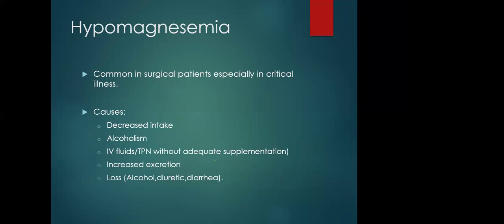Probably most of us will not encounter this in most of our patients, but it's usually common in surgical patients and critically ill patients, and we don't have a routine of testing it. The causes are decreased intake, alcoholism, IV fluids and TPN without adequate supplementation, increased excretion, and also loss, especially in patients who are using alcohol or diuretics.